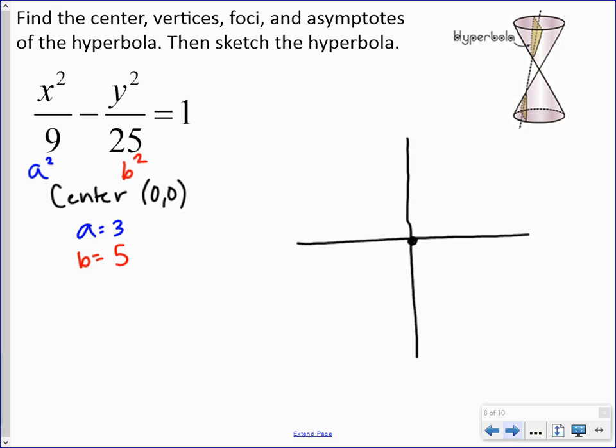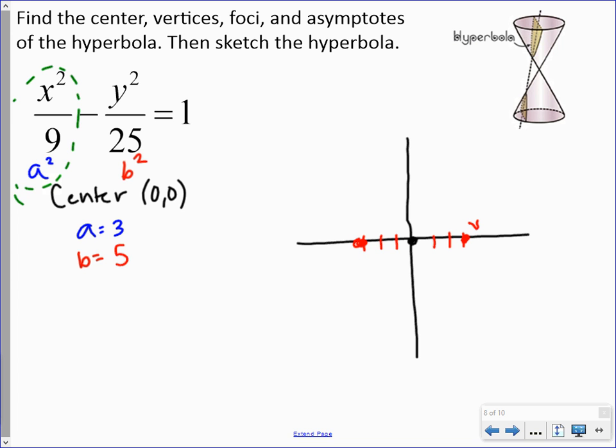Okay, so I'm going to count out in those directions. A is paired with X, so I should count 3 in what directions? Right and left. If it's with X, I should be counting in the direction of X, which is always left and right. So I'm going to count 3 to the right and 3 left.